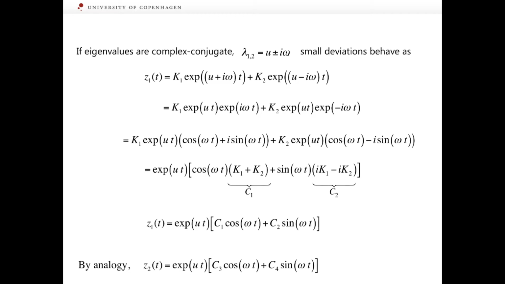And if both eigenvalues are real, then depending on their exact values, we will find more about the stability of the fixed point.